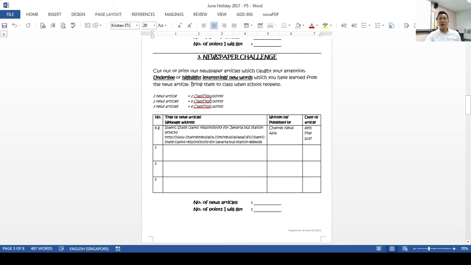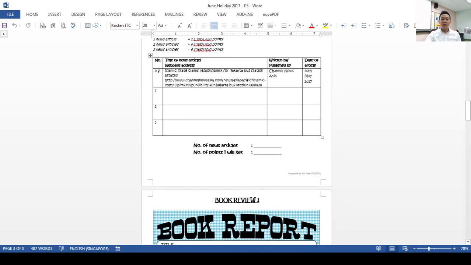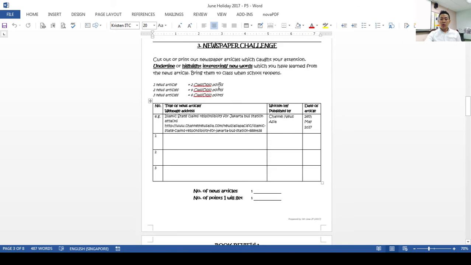What are some of the reliable websites? How do you tell that a website is reliable? So they cut out the article, read through, and highlight or underline new words or words related to the article, or interesting words or phrases. For each of these articles, again, I peg it to the Class Dojo points, for something for them to work towards.